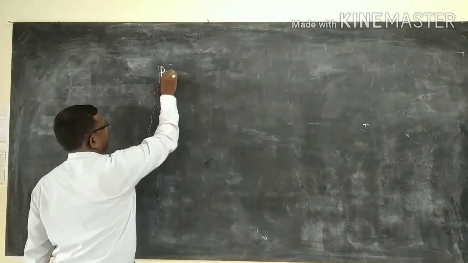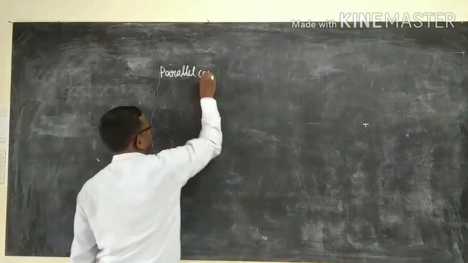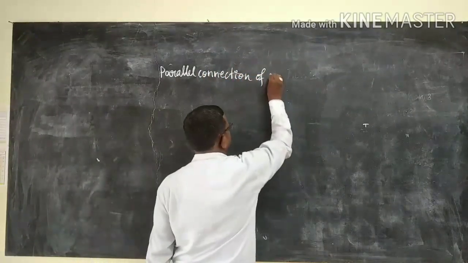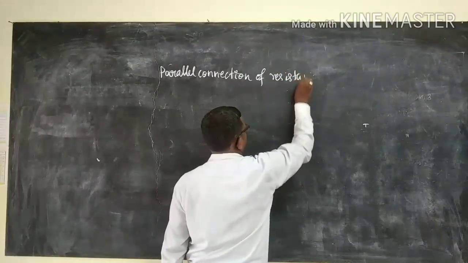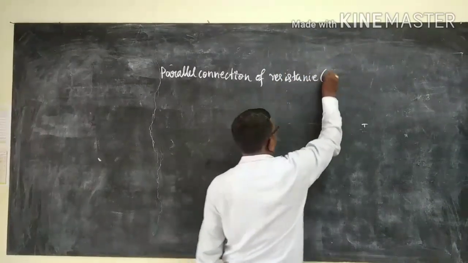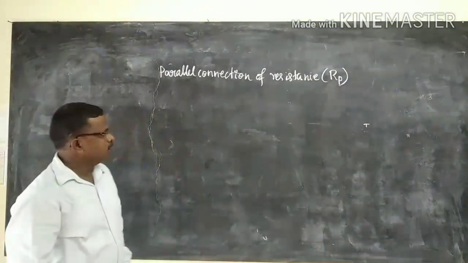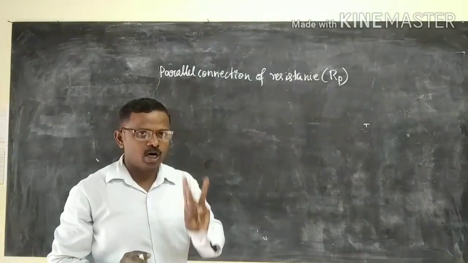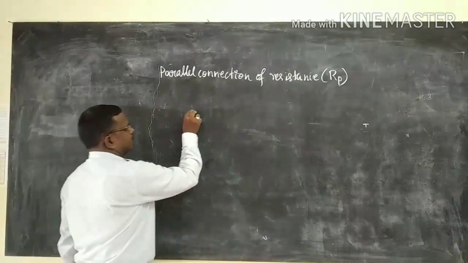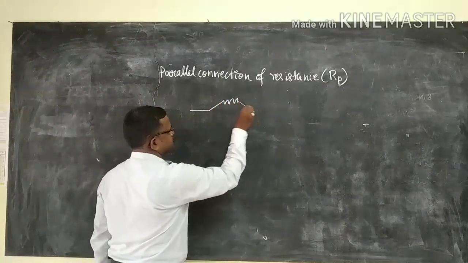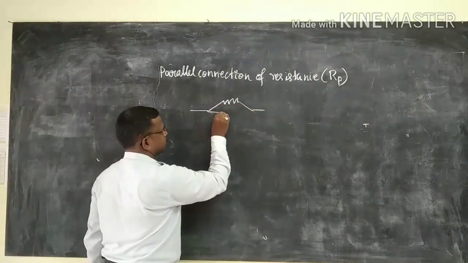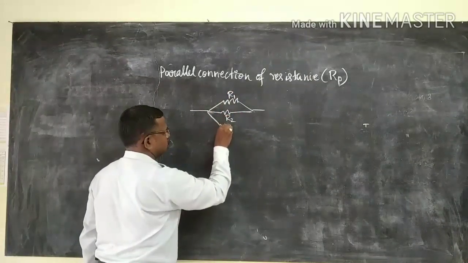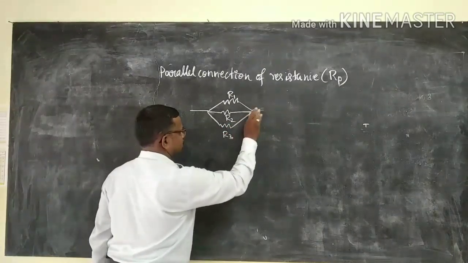So the second one, parallel connection, R in P. Suppose you take three resistors R1, R2, R3 connected in parallel. This is R1, this is R2, this is R3.